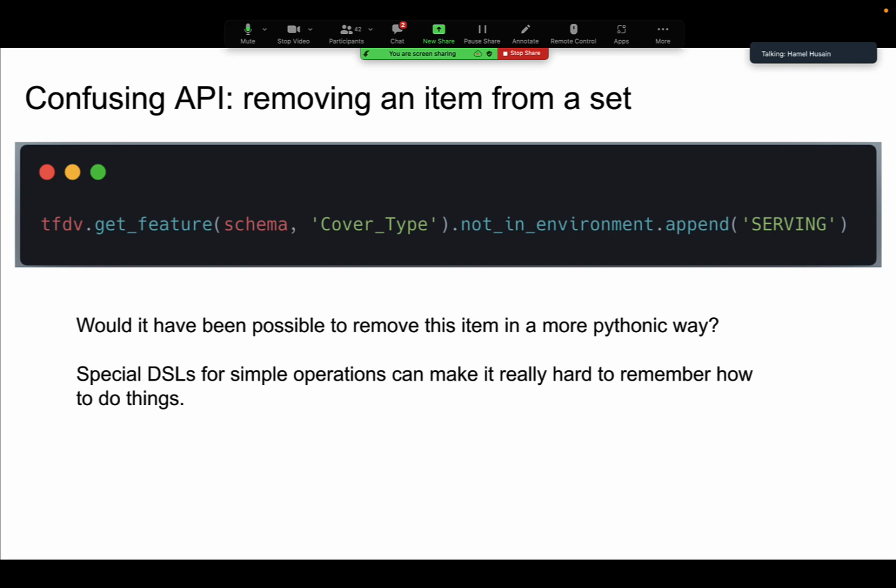This is an example of how you remove an item from a set in TensorFlow Data Validation: you get a feature, and then you need to use a non-environment method and append it to that. It's very unintuitive, nothing like how you would remove something from a set in Python. This is a DSL, and this is the cognitive load of the kinds of things you have to deal with.